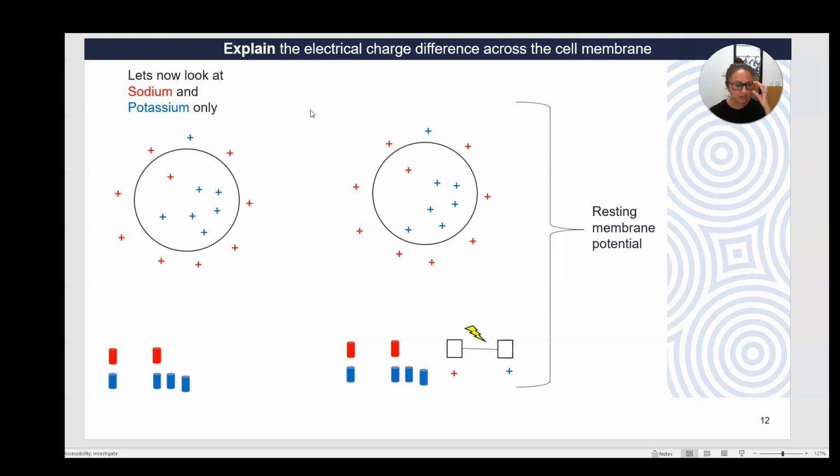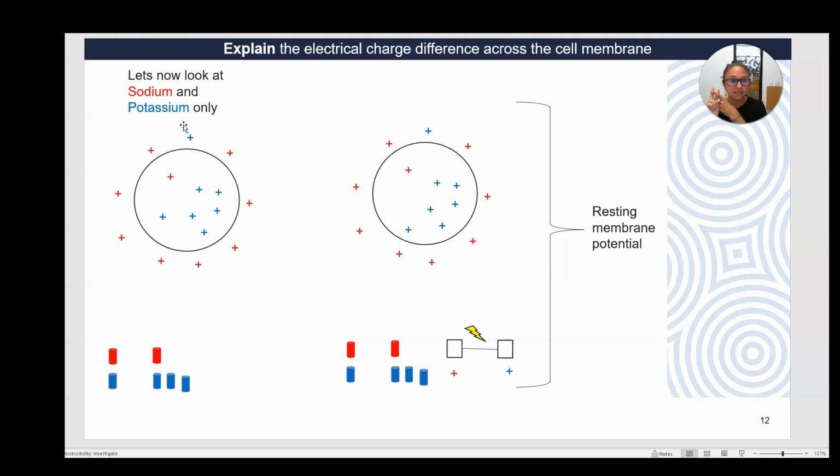All right, so we know that there are cations and anions inside and outside of the neuron. What I want to do is focus on two very, very important cations. They are sodium and potassium.